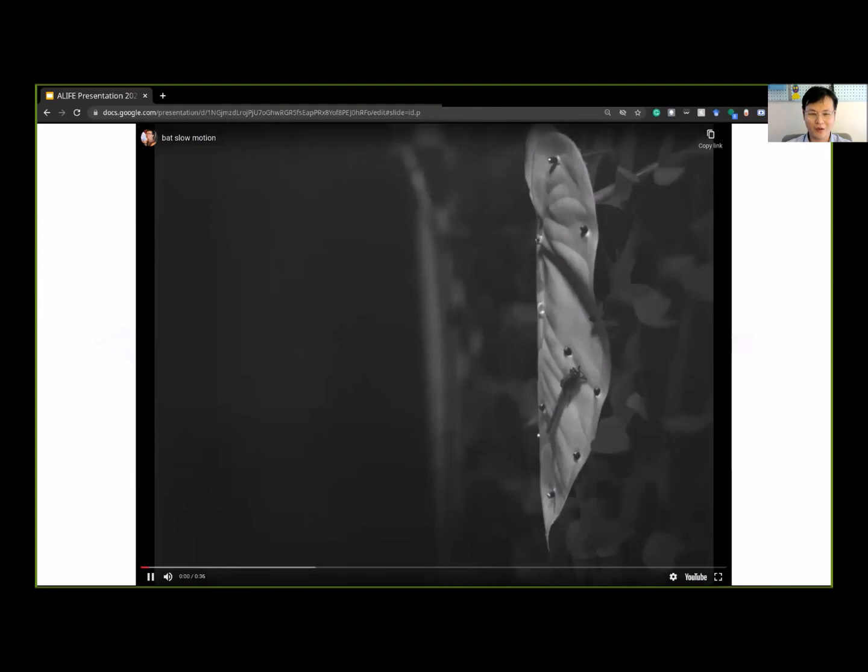I will try to show you this video here. Okay, so as you see, this bat is now going to make its first attempt. It bites, but it misses, right? Then it comes back and makes a second attempt, but still misses. But then maybe it touched the dragonfly and now it can localize where the dragonfly is.